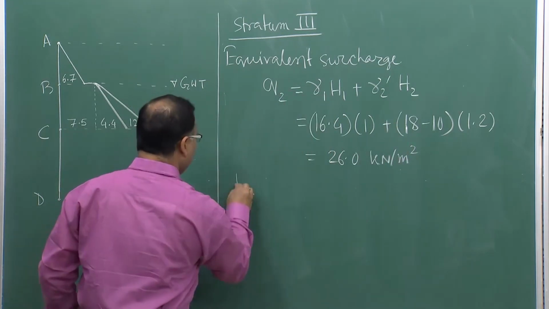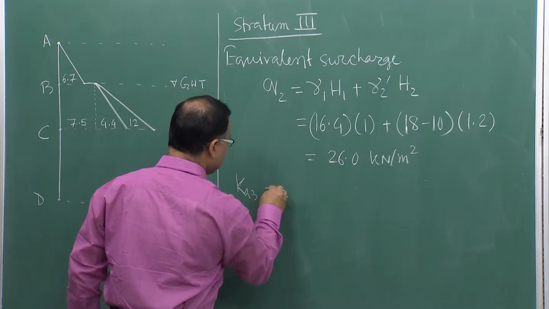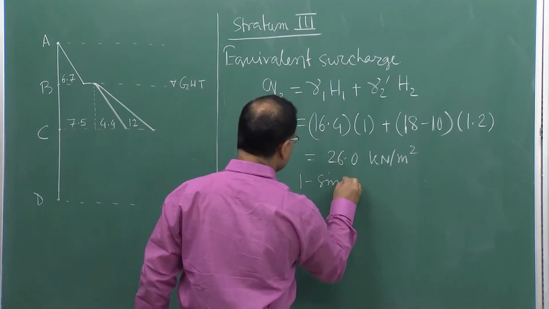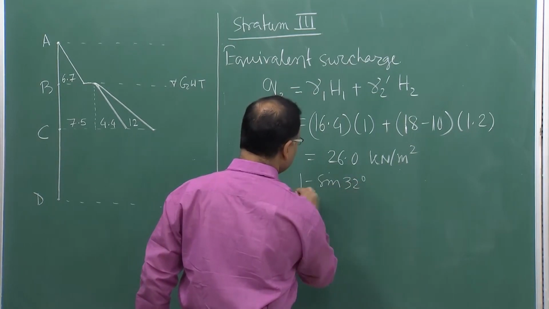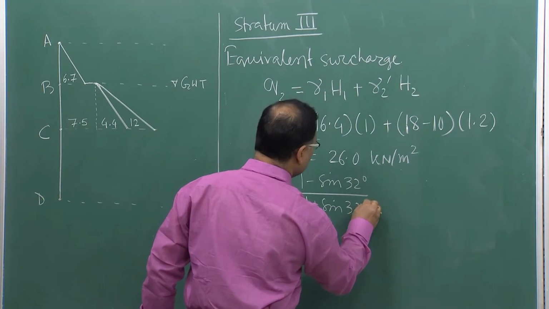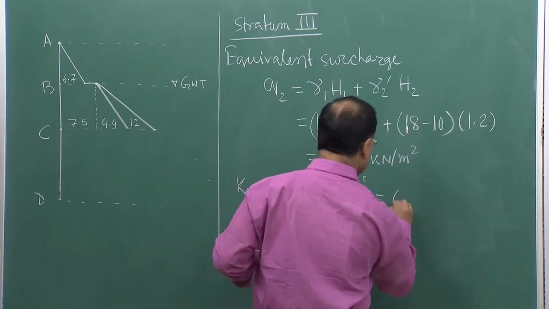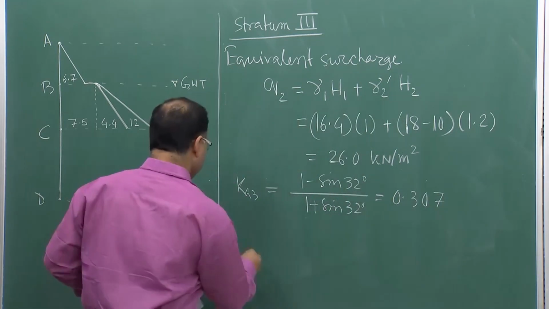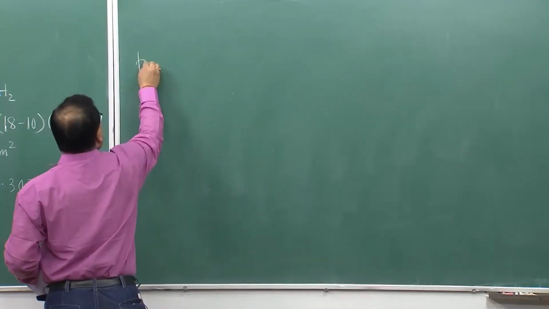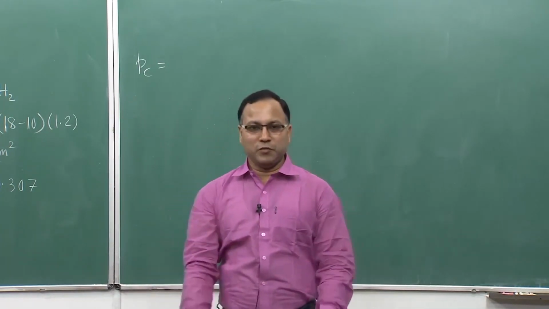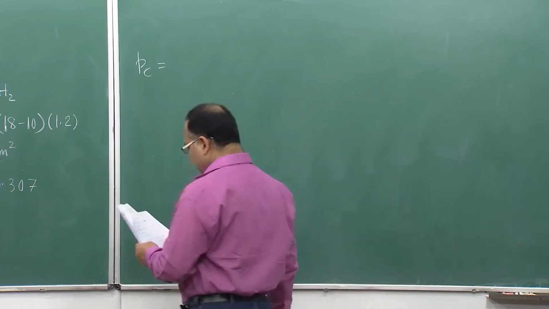Okay. Now, I can calculate other required components. Ka3 is nothing but 1 minus sin 32 degree by 1 plus sin 32 degree, which comes as 0.307. So, therefore, Pc, again you will be getting Pc. So, you will be getting the jump now. So, Pc will be equal to what?